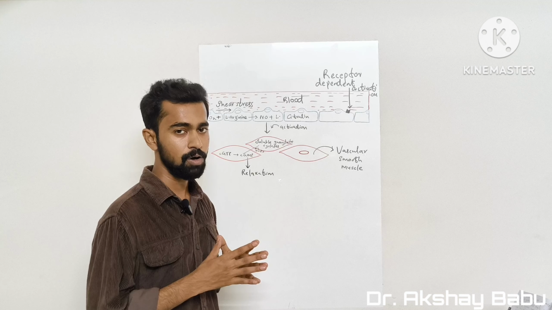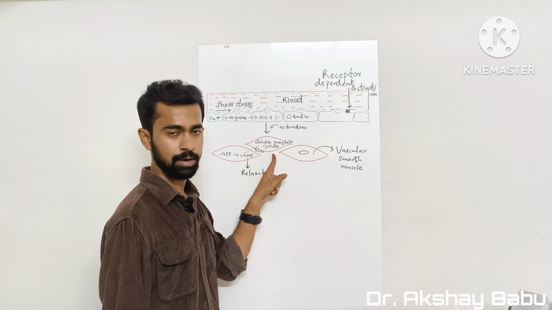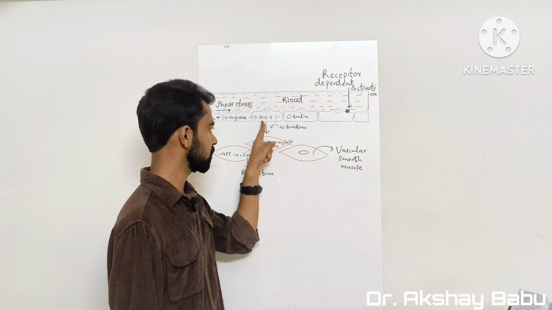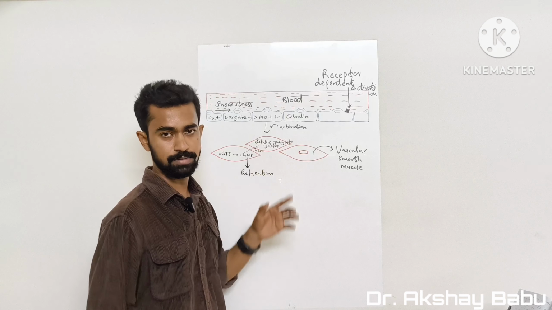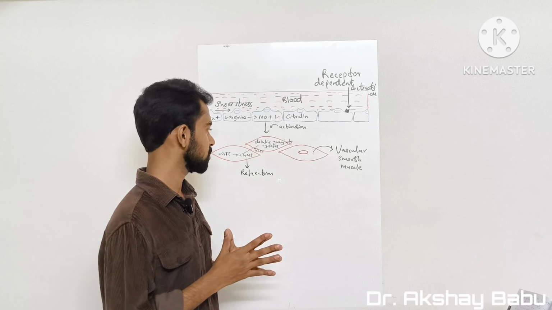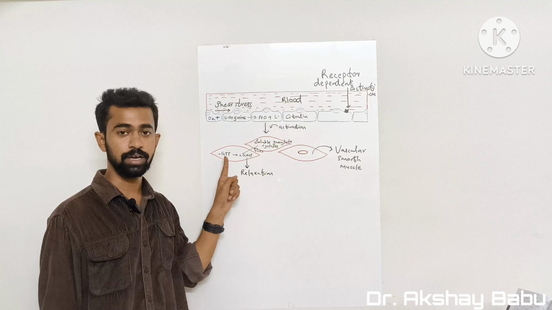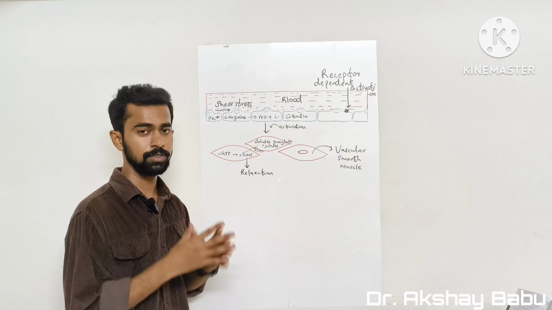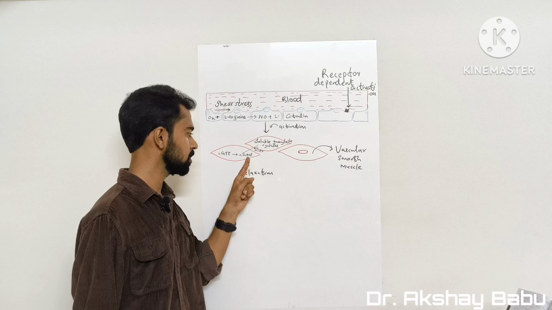This formed nitric oxide will then go to the muscular cells, and here you can see this nitric oxide will activate soluble guanylate cyclase. This is an enzyme responsible for the conversion of cyclic GTP into cyclic GMP, that is, cyclic guanosine triphosphate to cyclic guanosine monophosphate.